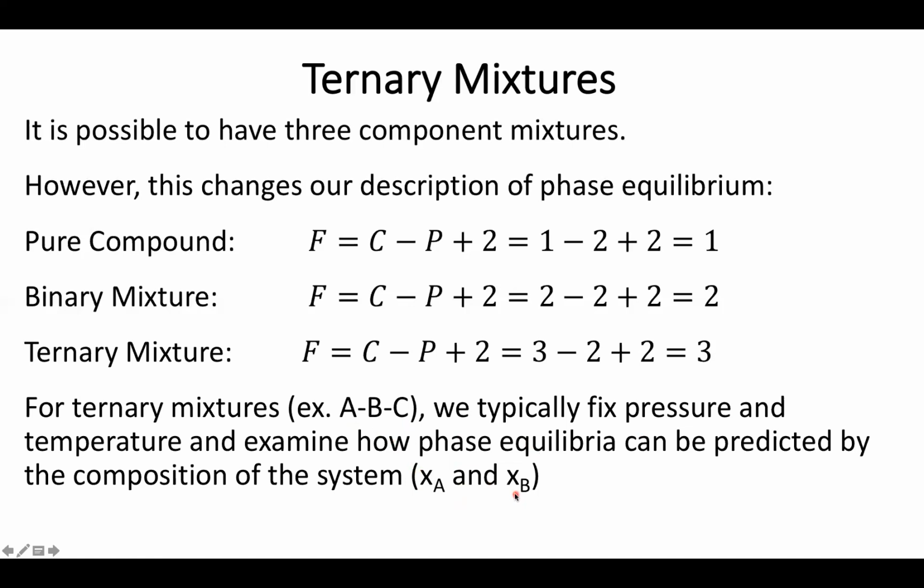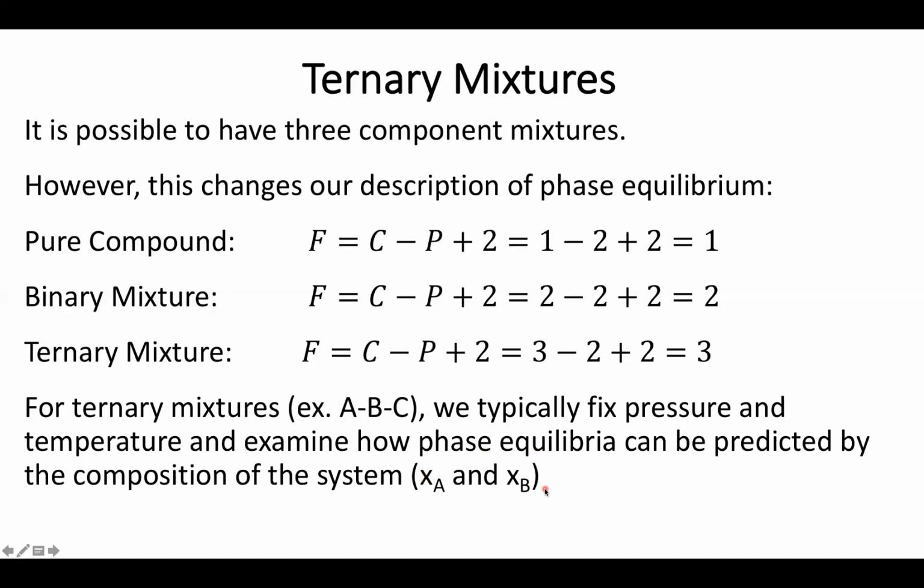However, in order to describe how the composition of these 2 variables relates to phase equilibrium, first I have to come up with a convenient graphical form to describe the composition of a system.